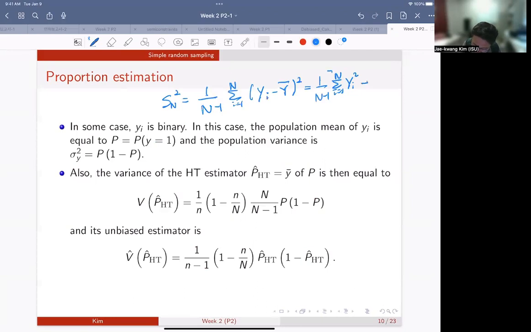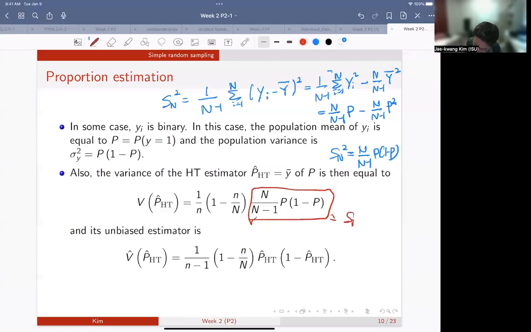And then you can write it as n over n minus 1 times Y bar squared. So that is actually n over n minus 1 times p, minus n over n minus 1 times p squared. So basically S squared is n over n minus 1 times p times (1 minus p). Okay. So that is the formula of a proportion.